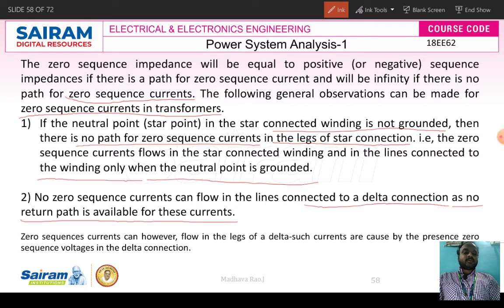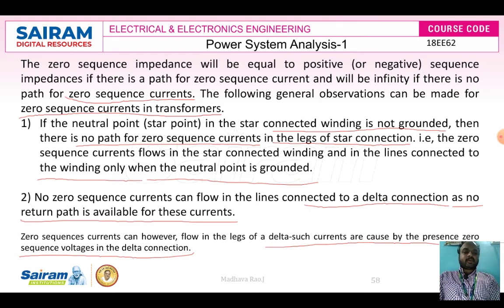So there is no zero sequence current for delta type transformers. Zero sequence current can, however, flow in the legs of the delta. Such currents are caused by the presence of zero sequence voltage in the delta connection.